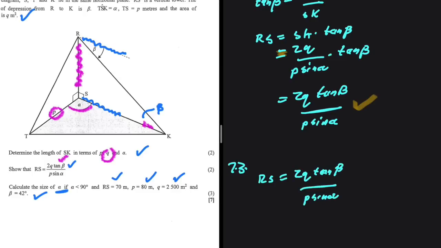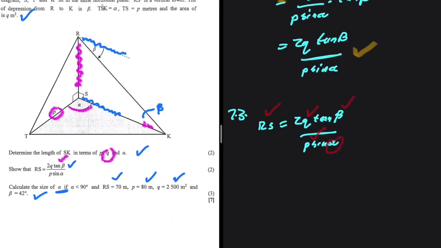In the information we have, we're given the length of RS. We are given Q, the area. We are given the angle beta, and P. P is said to be equal to 80 meters, and we are looking for alpha. So if we use this equation, we are only going to have one unknown variable, which is what we're interested in.